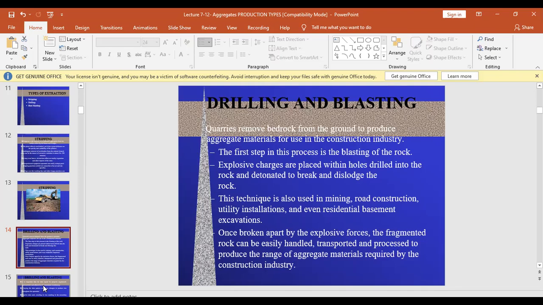So even a person who's trained, God forbid, during installation, may accidentally plug in that thing. So it's a very precise technique. It's a very dangerous technique. So though blasting is very common, it's still risky. Drilling nowadays is easy.